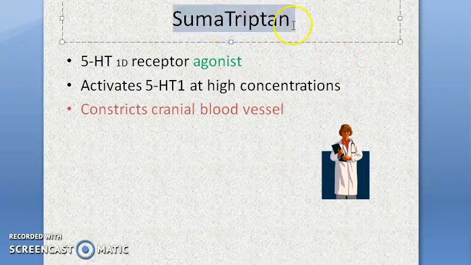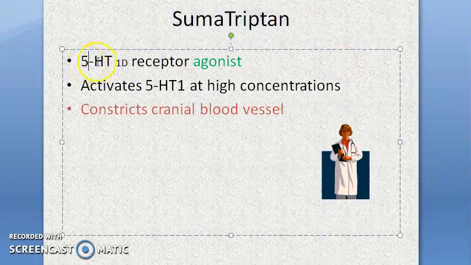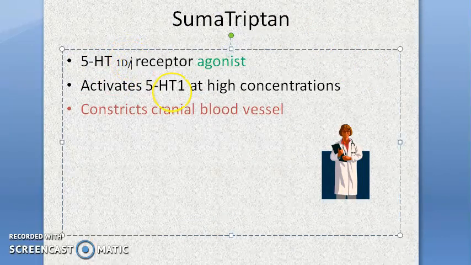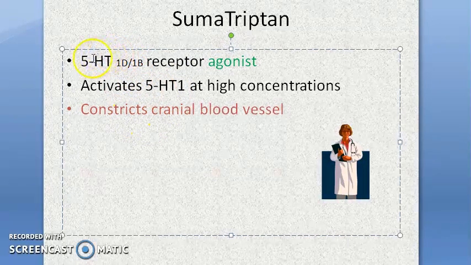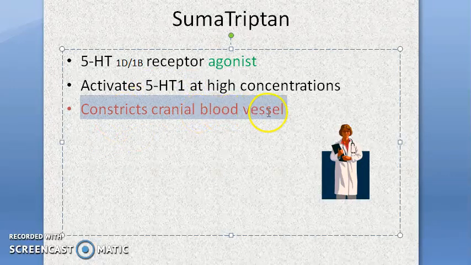Now, coming to Sumatriptan. I already told you it is a 5-HT 1D or 1D/1B receptor agonist. It activates 5-HT1 at higher concentrations. It constricts cranial blood vessels.